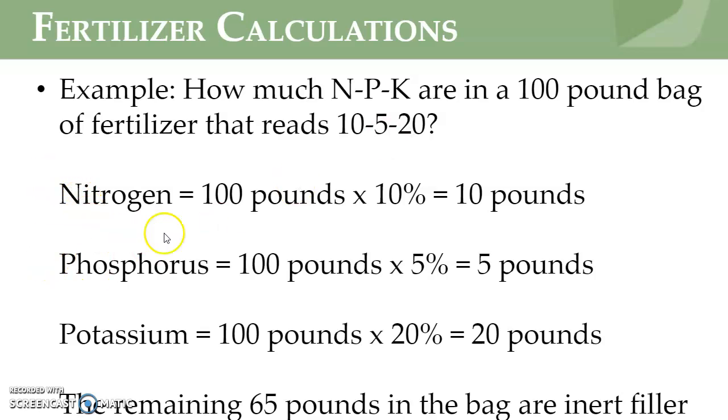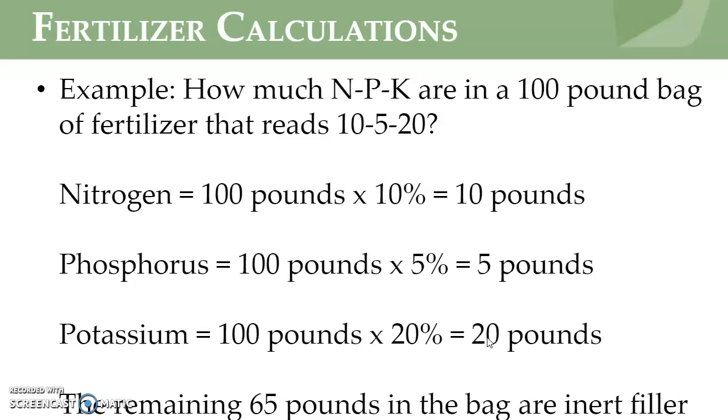So for nitrogen, if there's a 100-pound bag and 10% is nitrogen, 100 times 10% tells us 10 pounds is nitrogen. The second number says 5, that's phosphorus. 100 pounds times 5% gives us 5 pounds of phosphorus. And the potassium is 20, and that means 100 pounds times 20% is 20 pounds.